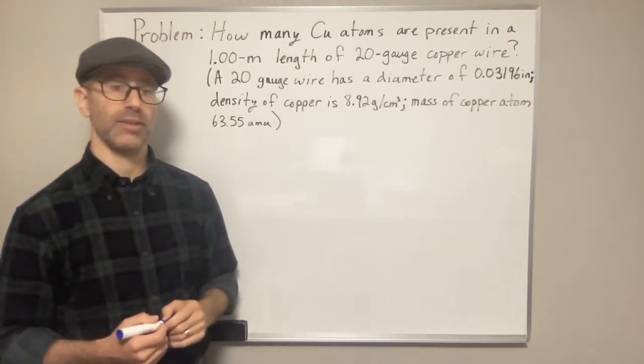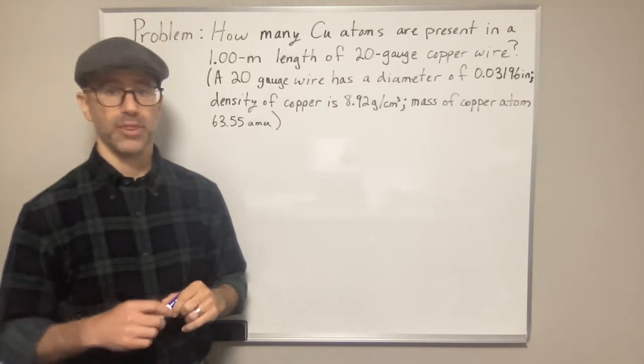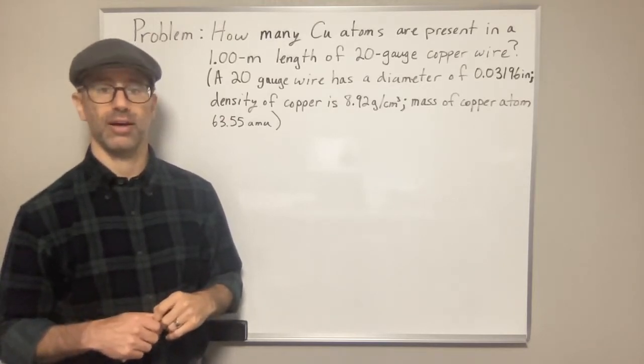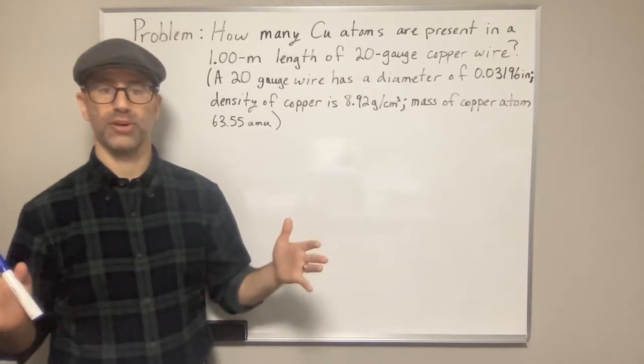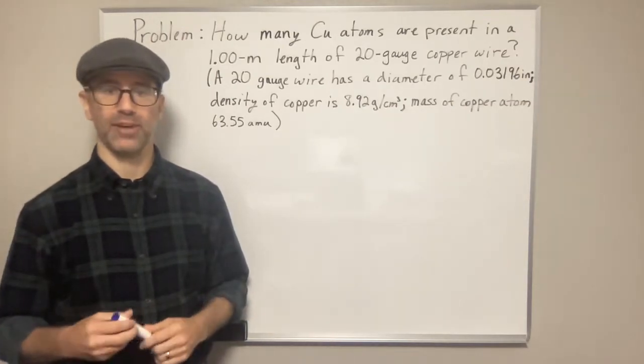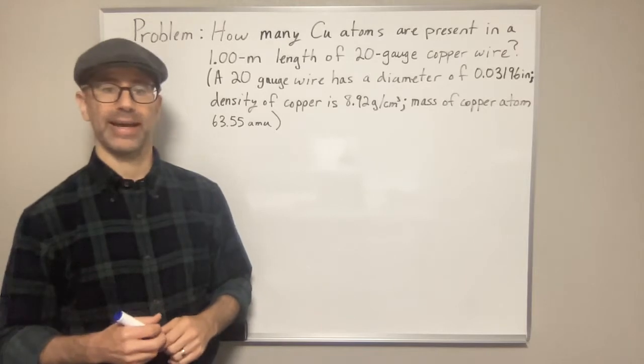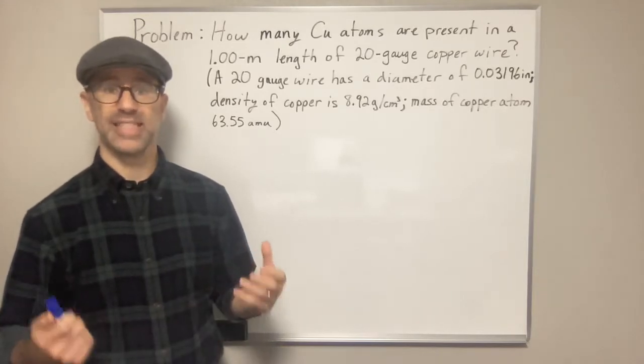So the first thing you want to do is think of this wire of 1.00 meter length as a very long and thin cylinder.